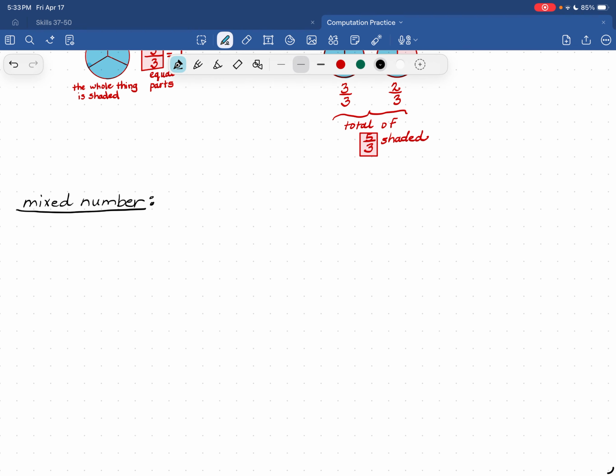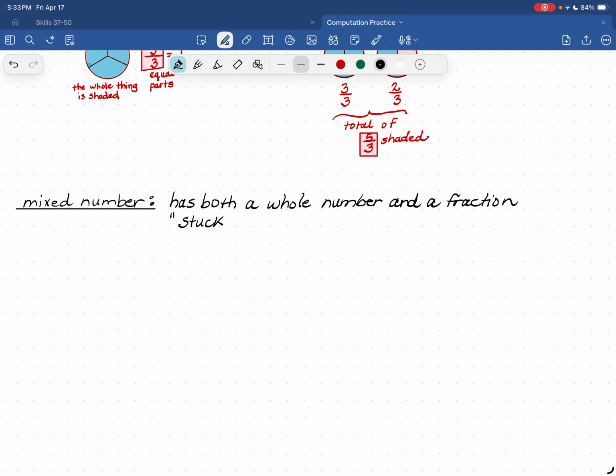A mixed number, as its name implies, has both a whole number and a fraction, and I'm going to use my own term here, stuck together. That is not a proper math term, but it'll get the job done.